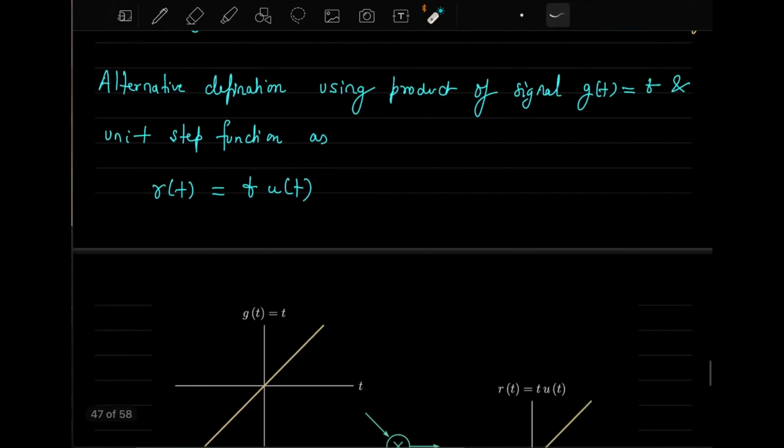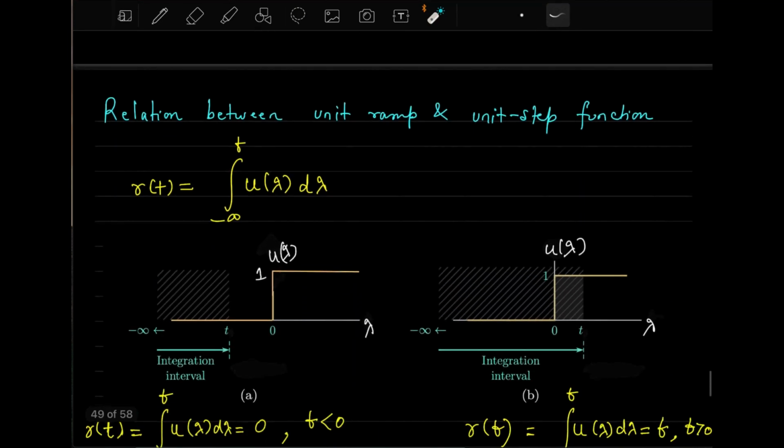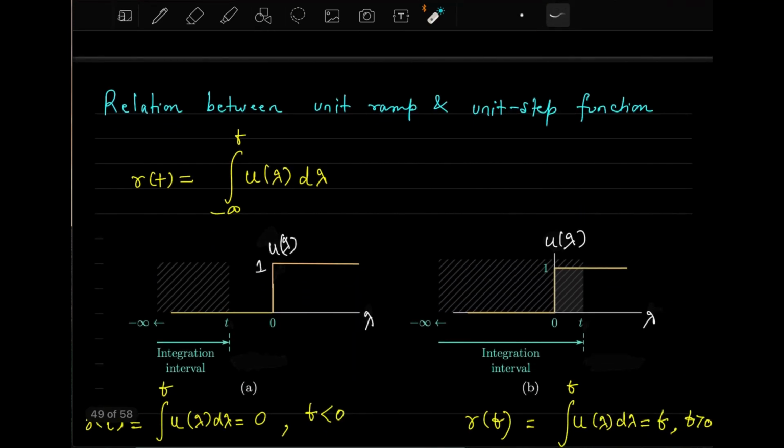Once this is done, we can now see the relationship between the ramp function and the unit step function. Like the way we have discussed earlier, ramp functions are related to the unit step by integration. If you integrate the unit step function from minus infinity to t, you will get the ramp function.